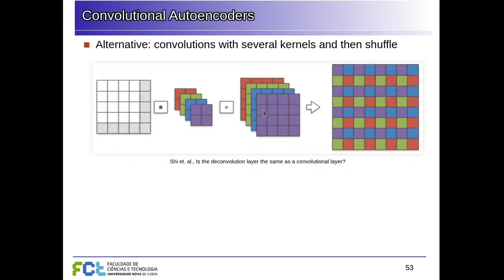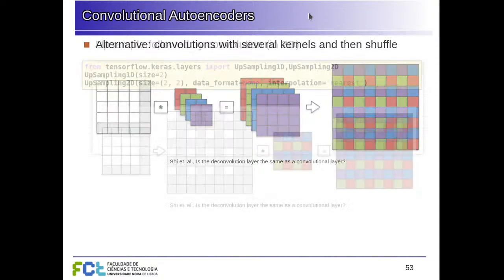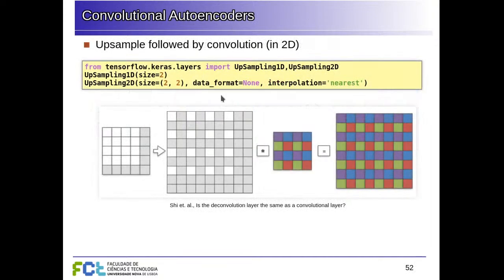So this would be an alternative to do this upsampling just with convolutions. But usually the more practical way of doing this is to use an upsampling operation. So we pass from a lower size to a larger size, and then just apply a simple convolution with padding so that we sharpen the output here using those kernels.